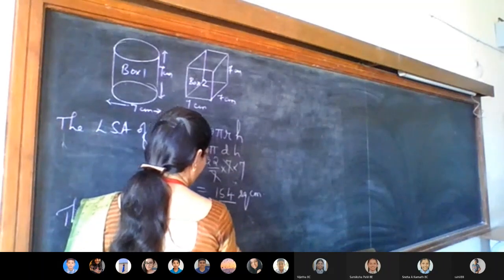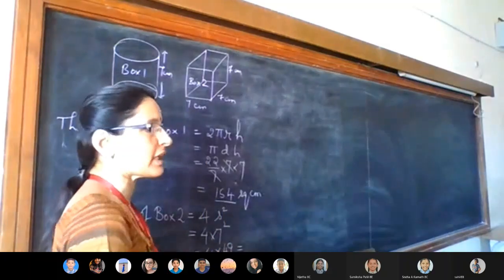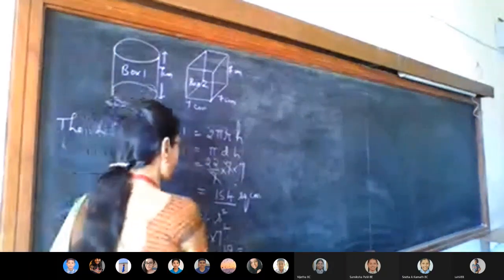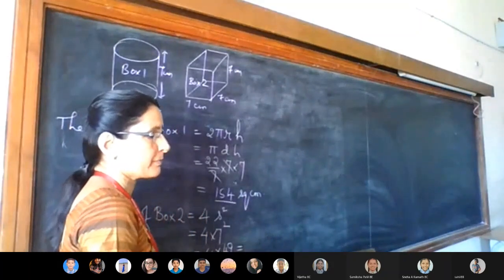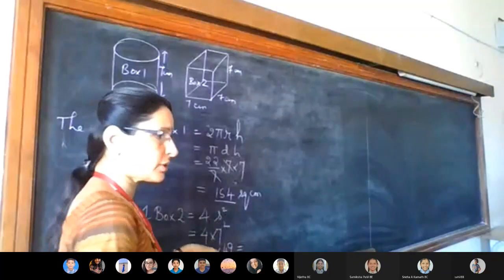So 4 into 49. Here I don't multiply actually. 54s I do. That's how we should be fast. Otherwise, while multiplying 4 into 9, if your calculation is wrong, you will write some nonsense. So 54s are, then deduct 4. Correct, no?